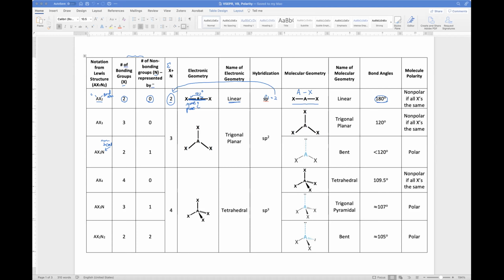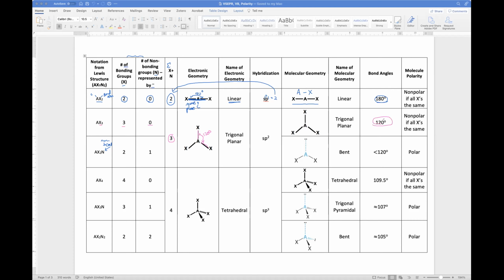Now let's look at the next grouping. The first one I did, I had 3 bonding groups and I had no lone pairs. So it's a total of 3 items. 3 items wind up having an ideal bond angle of 120 degrees. That is supposed to be a degrees sign.